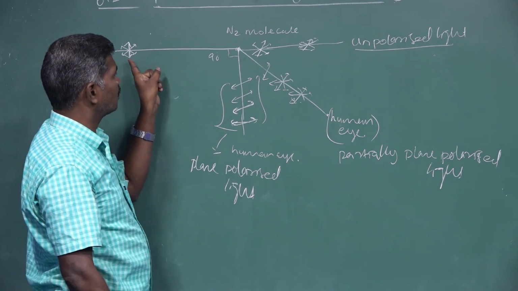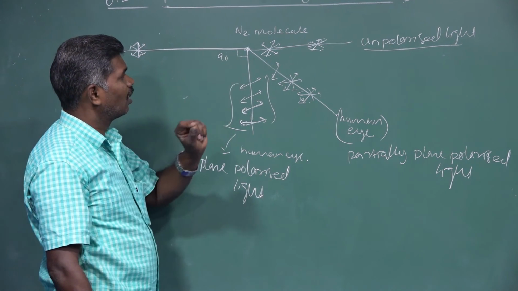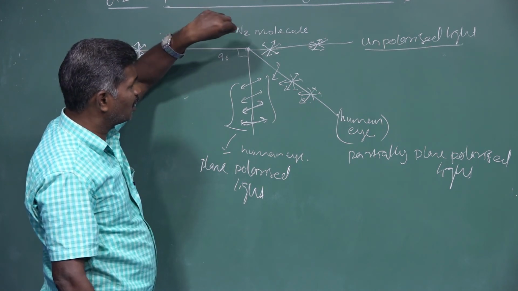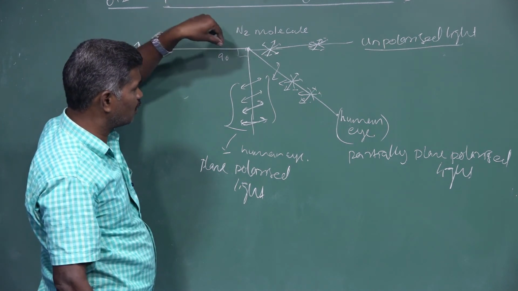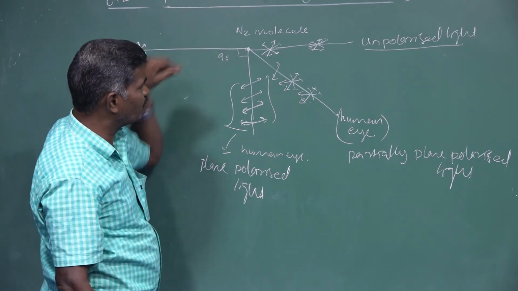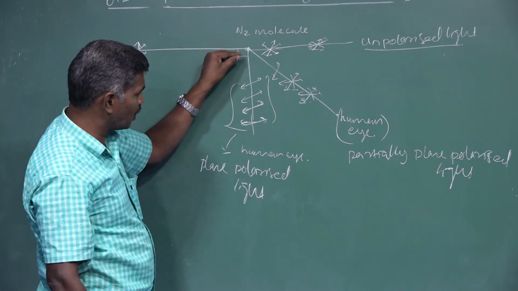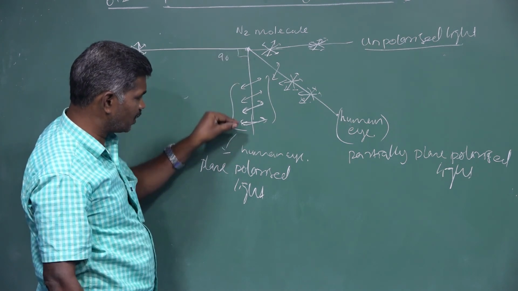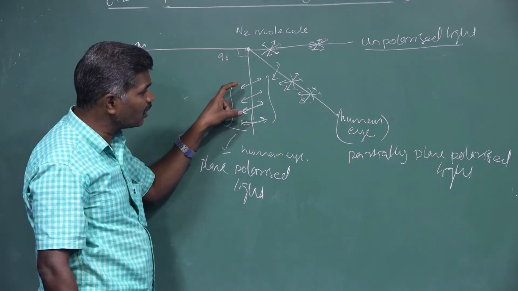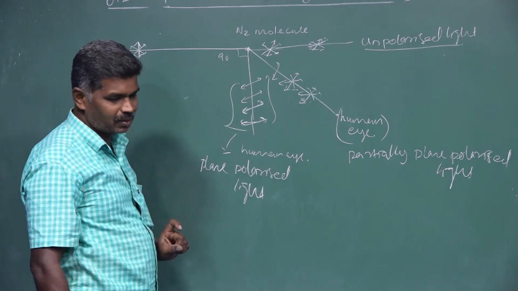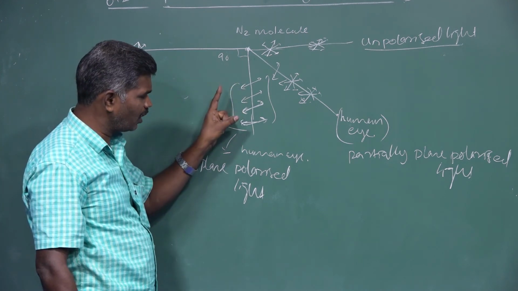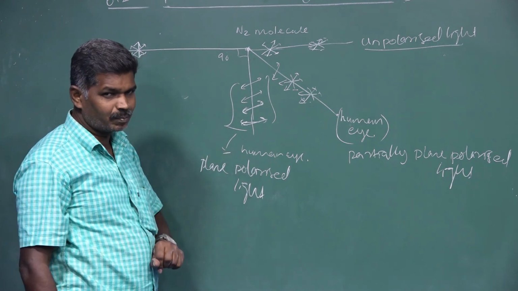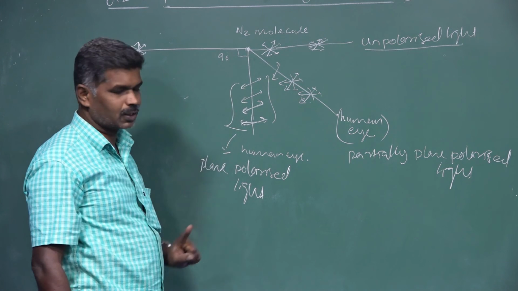When unpolarized light is incident on an atmospheric molecule, here an N2 molecule, the components perpendicular to the direction of incidence have only one direction of vibration. Any ray having one perpendicular direction of vibration is completely plane polarized.